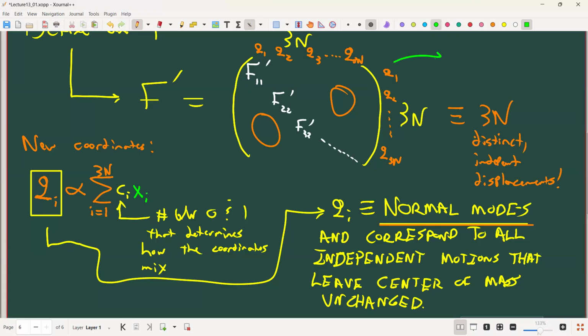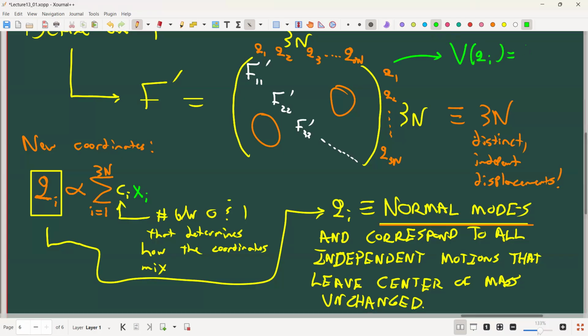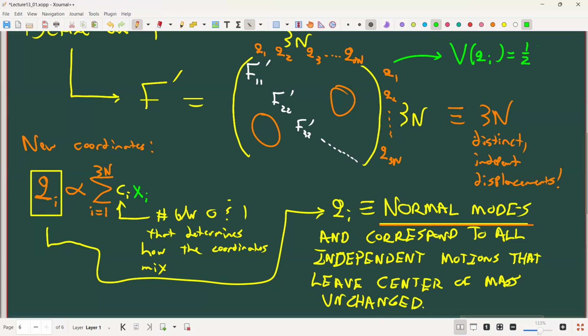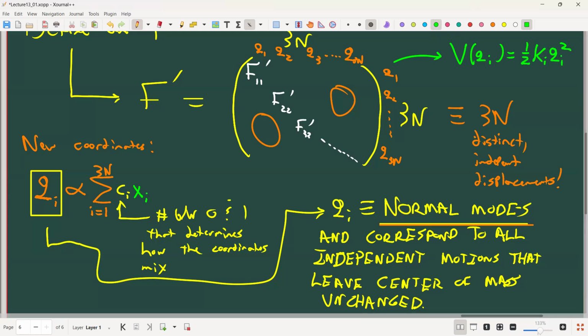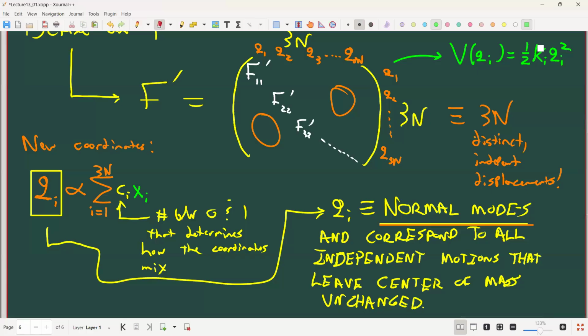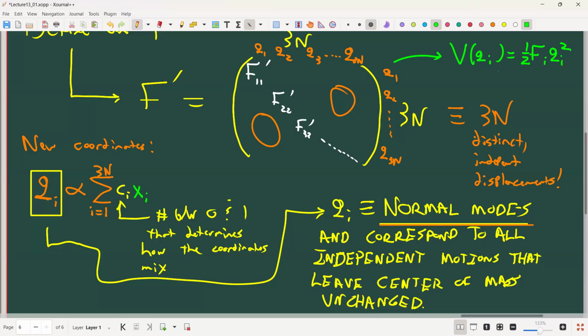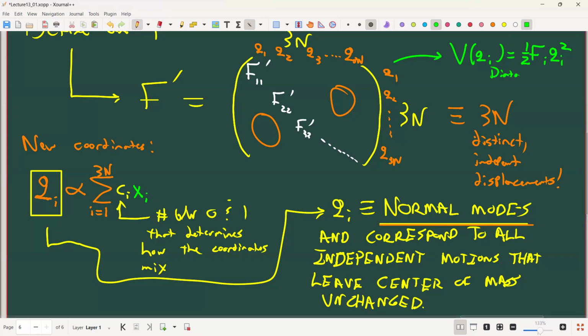This just says that the potential as a function of this is just 1/2 K sub i Q sub i squared, right? I wrote F, sorry. Sorry, I keep changing that up. Right? Diatomic-like.